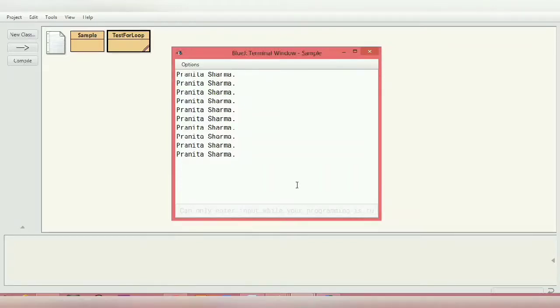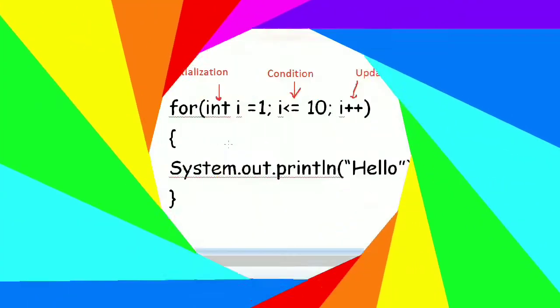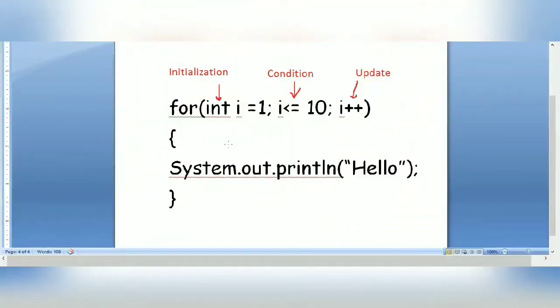So let us understand step by step how the for loop actually works. Now here you can see I have named the different parts of it. For integer i equals 1, this portion is called your initialization.